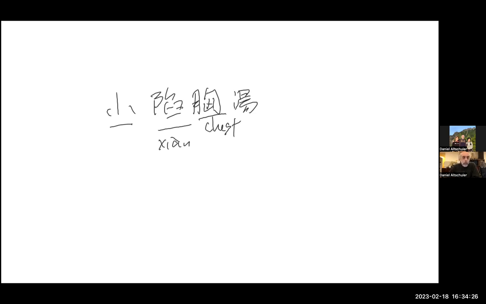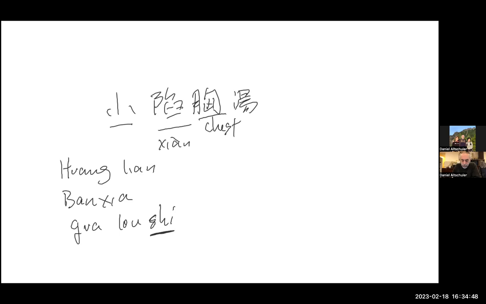But okay, so here we have the 3 herbs: Huangqin, Banxia, and the Gualou Shi. We see here shi, also in Gualou Shi, the same shi.